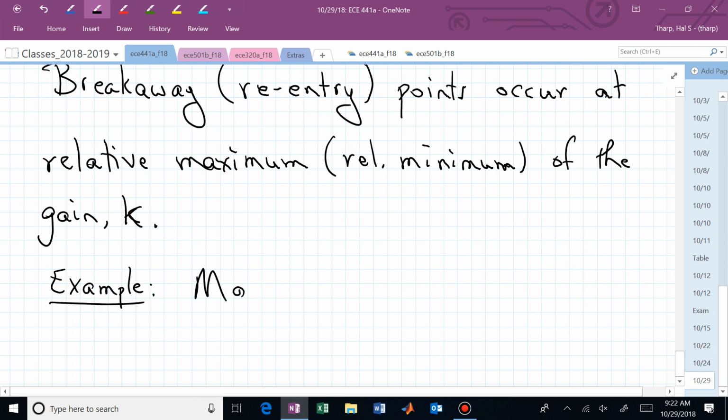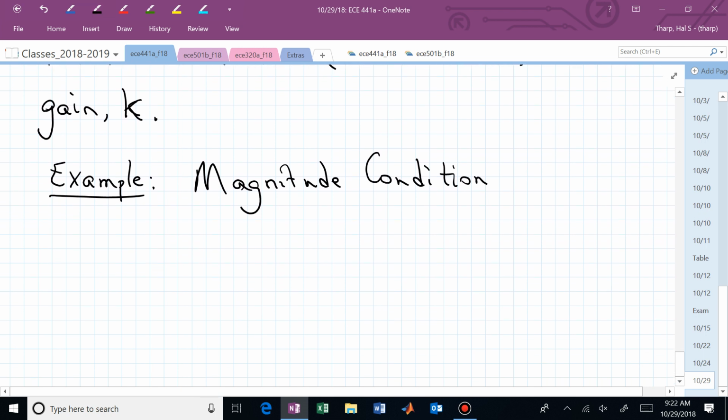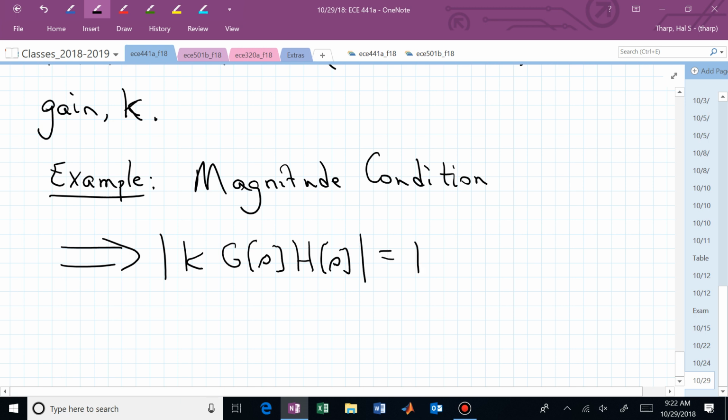And k is determined using one of our two conditions. We have the magnitude condition that has to be satisfied, and we have our phase condition which has to be satisfied. The magnitude condition says that we now have k, g of s, h of s, the magnitude of that equal to 1.